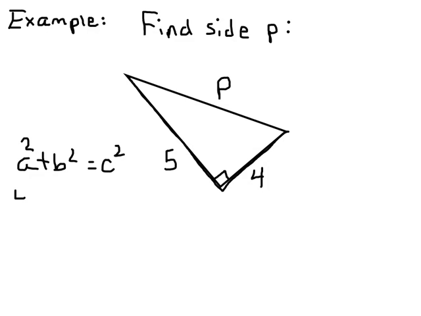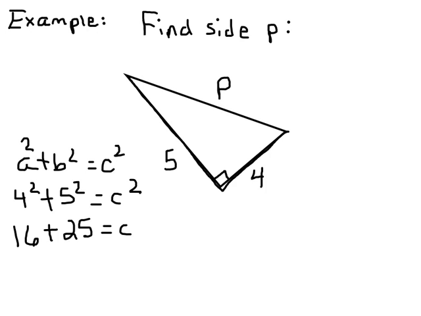So we're going to say 4 squared plus 5 squared equals C squared. So 4 squared is 16, 5 squared is 25, so 16 plus 25 is 41 equals C squared.